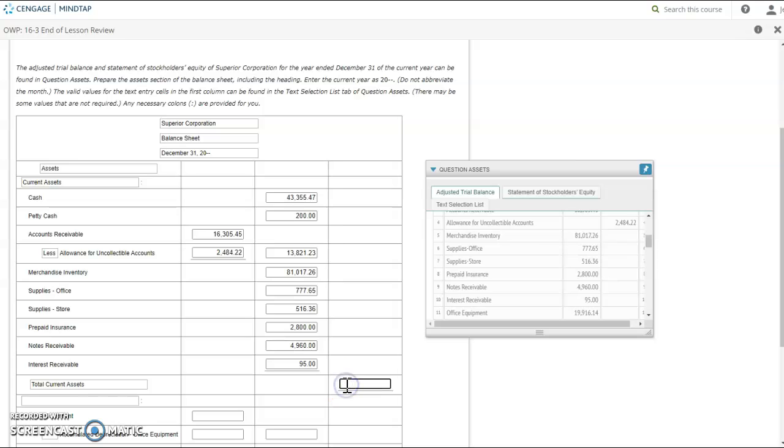Okay, the total that I got was 147,542.97.